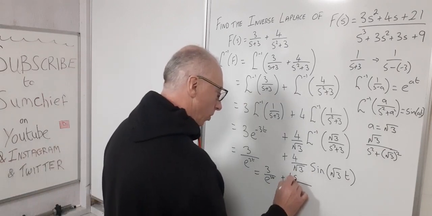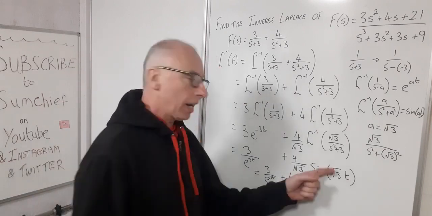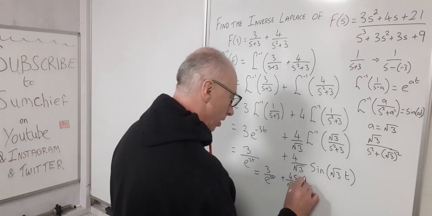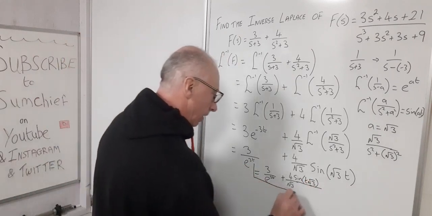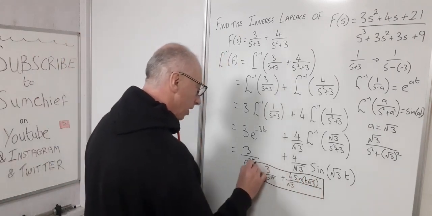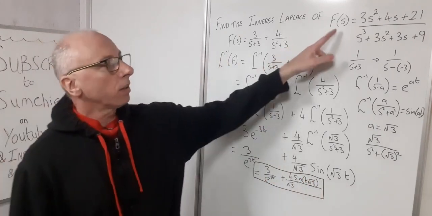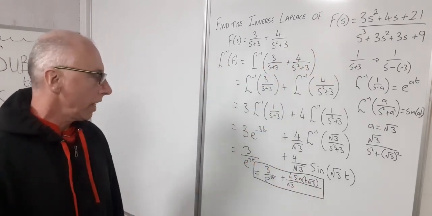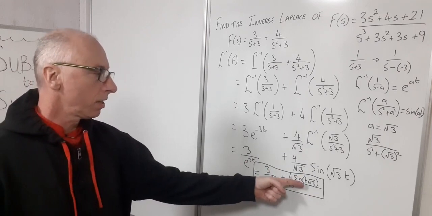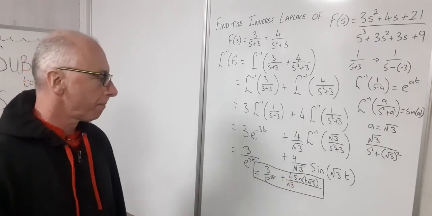So now I'm going to write 4 sine, and then I write that as t root 3. That's the way I prefer to write those kind of things. And that I'm going to declare as my answer to this complicated looking function here. We end up with 3 over e to the 3t plus 4 over root 3 sine of t root 3. Okay.